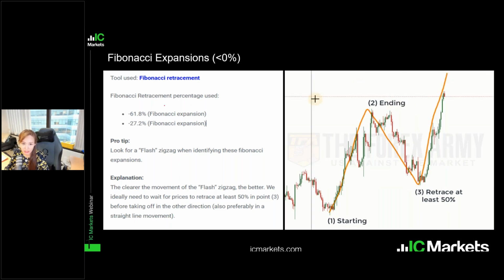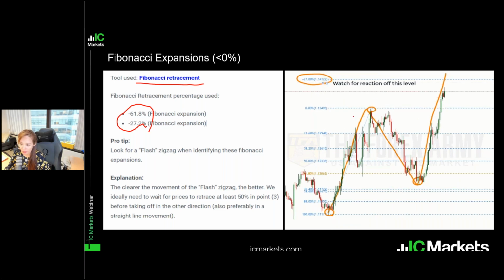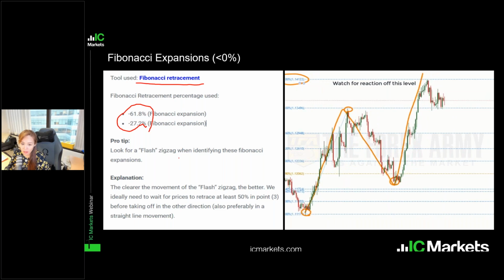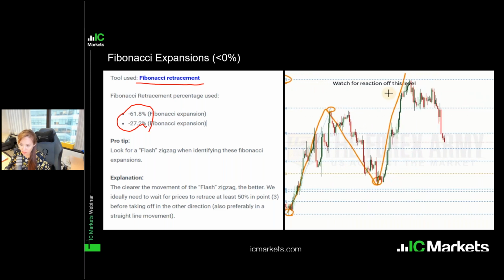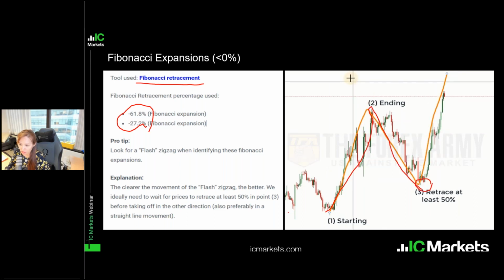Actually, for Fibonacci expansion, you just use Fibonacci retracement, right? Like I say, this is the negative number that we need to focus on. And the tip is that when you want to draw the Fibonacci expansion, you see the pictures here, you need to look for the zigzag: starting point, ending point, and then the retrace.